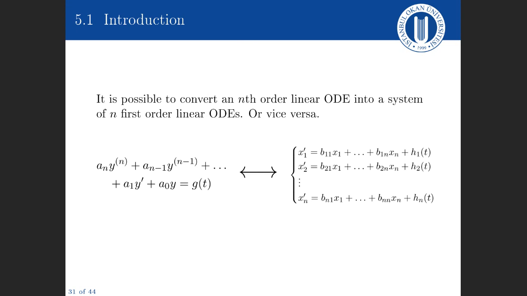We're going to be looking at systems of first order linear differential equations. Now, it's possible to convert an nth order linear equation into n first order differential equations, or vice versa, and go the other way.